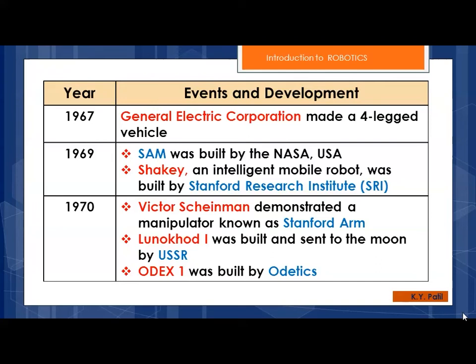Then Shakey, an intelligent robot, was actually manufactured at Stanford Research Institute, SRI. In fact, Shakey is the first intelligent robot that was developed in the year 1969. In 1970, Victor Scheinman demonstrated a manipulator known as the Stanford arm, and then Lunokhod 1 was another robot that was sent to the moon by USSR.